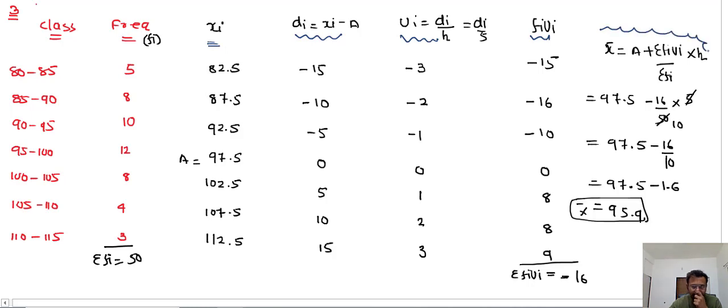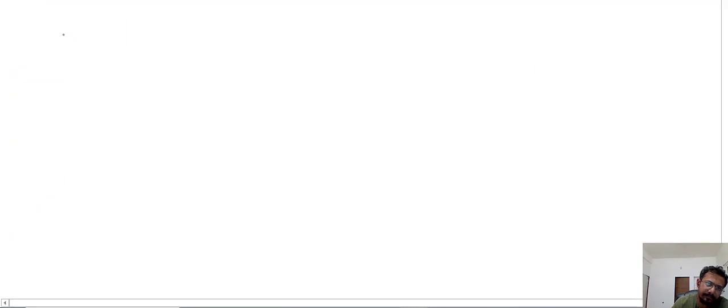Mean by three methods, x bar. First is the direct method. The formula for that is x bar is equal to sigma f_i x_i upon sigma f_i.